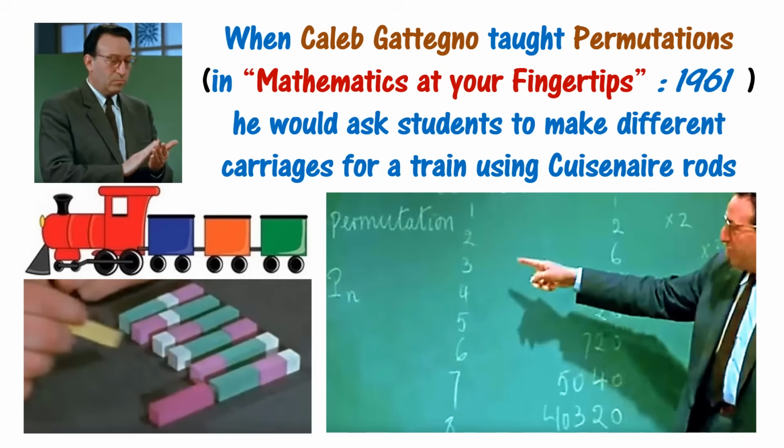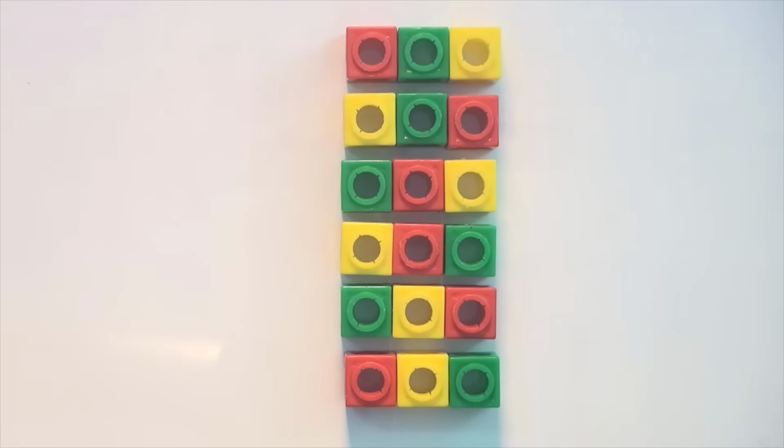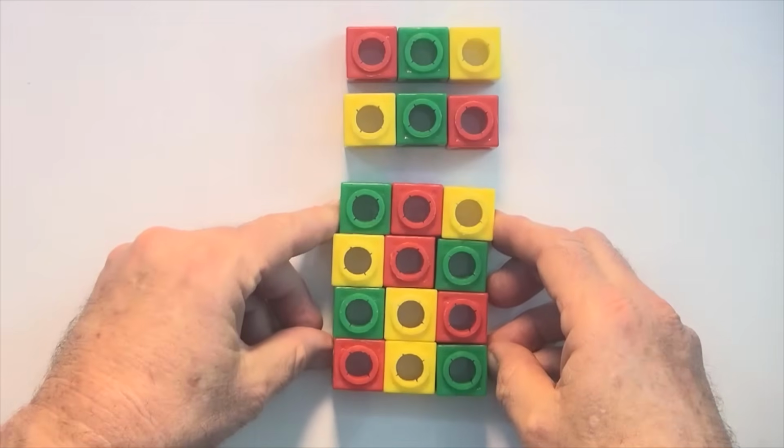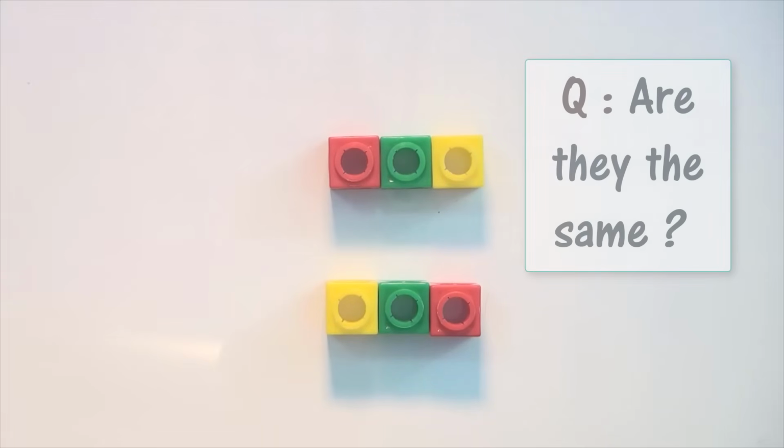When it comes to permutations, students sometimes have a problem. And I want to go over to the whiteboard and show you what that is. Here are the 6 permutations for 3 blocks. And the confusion arises when the blocks are in reverse order. I'll just take 2 sets to show you what I mean. You see in this pair of permutations, I have red, green, yellow, and yellow, green, red.